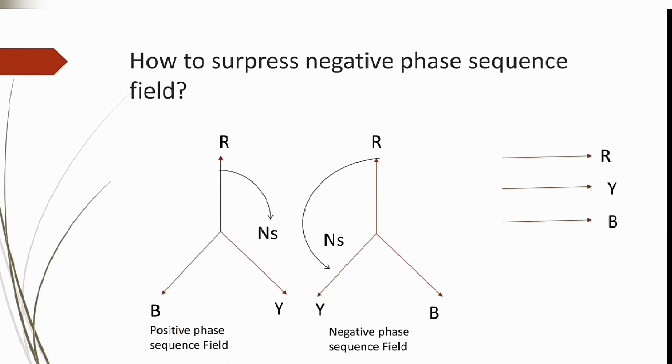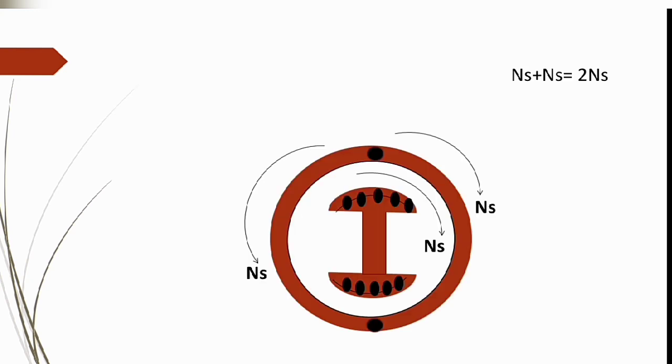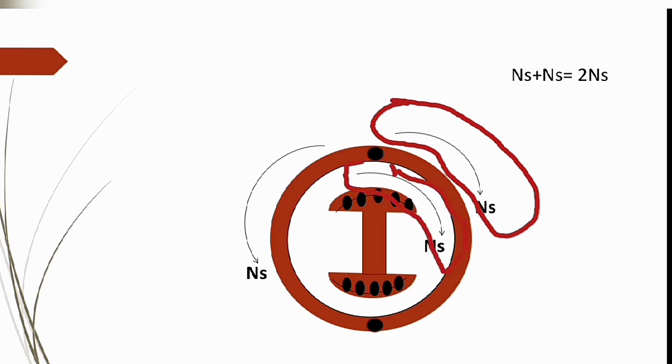So how do we suppress the negative phase sequence? By using the damper winding. Here there is a normal rotation of the stator MMF field. It rotates at synchronous speed Ns, and the rotor also rotates at synchronous speed Ns.